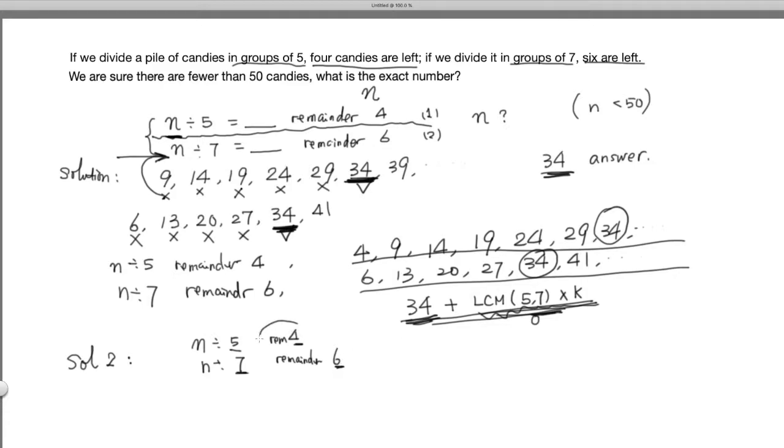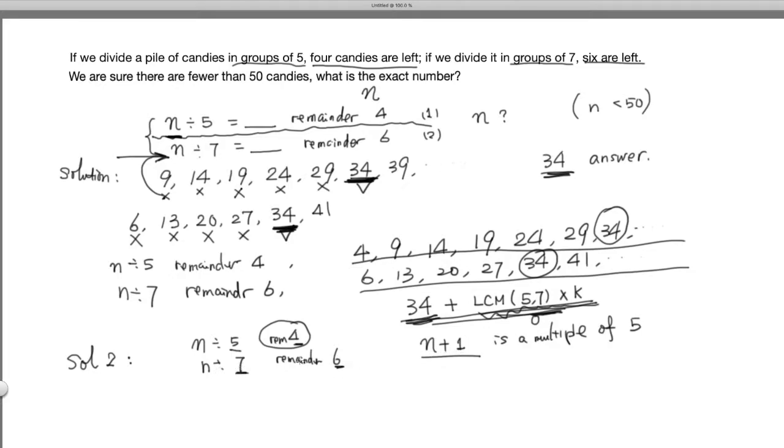So when the remainder is 4 for n divided by 5, if I add 1, n plus 1, then the remainder divided by 5 is 0, correct? So n plus 1 is a multiple of 5.